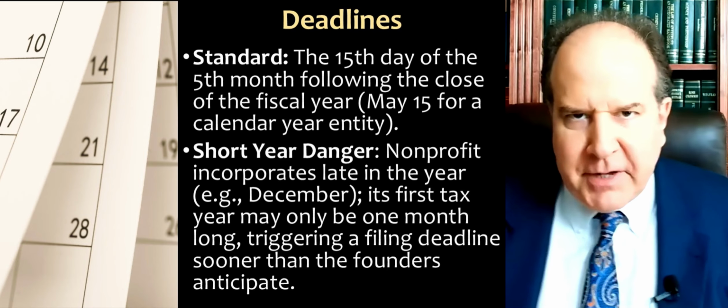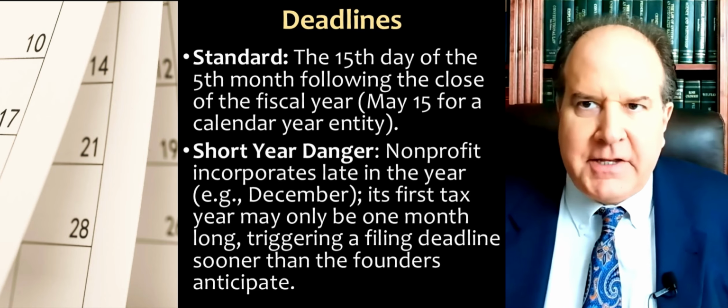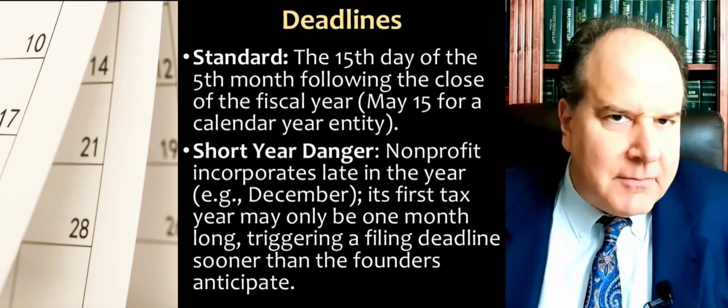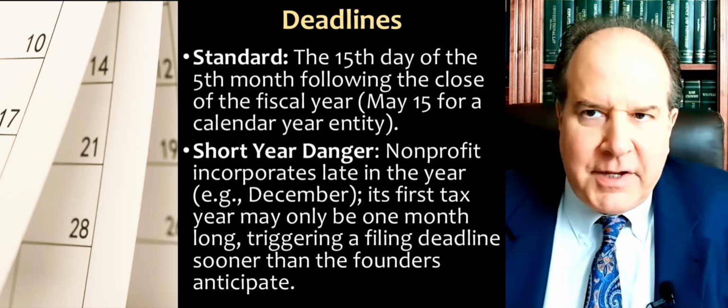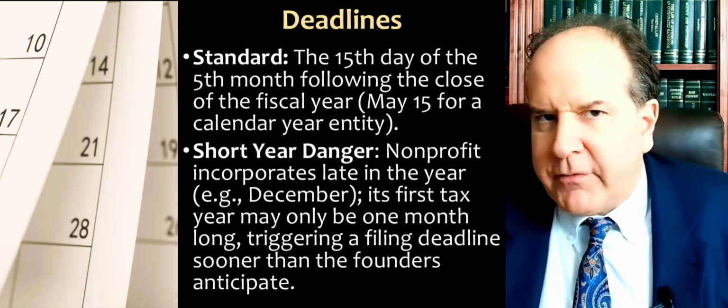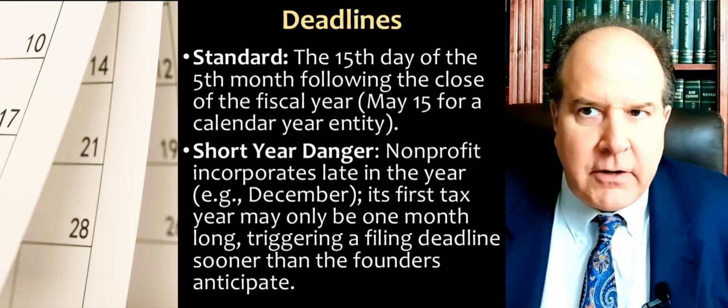So let's talk a little bit about the timelines and the deadlines. The default or standard timeline for filing a 990 form is the 15th day of the 5th month following the close of whatever the organization's fiscal year is.